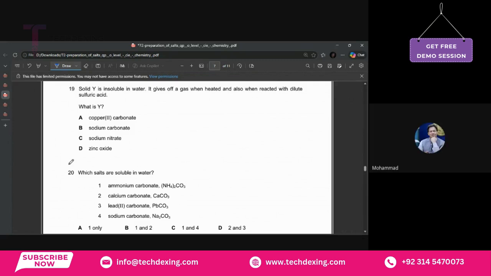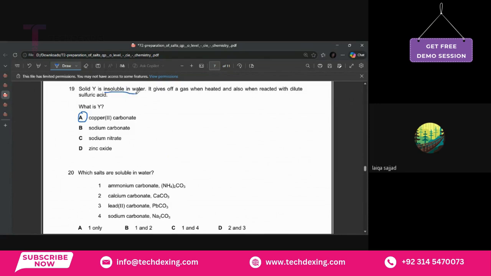Why is solid Y insoluble in water? Copper carbonate? Option A. Yes. Very good. It's copper carbonate.